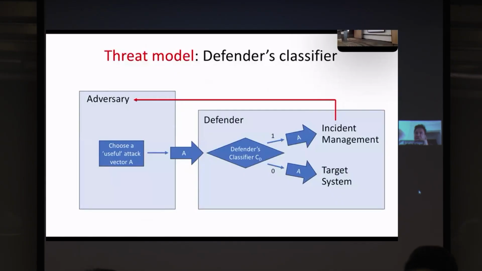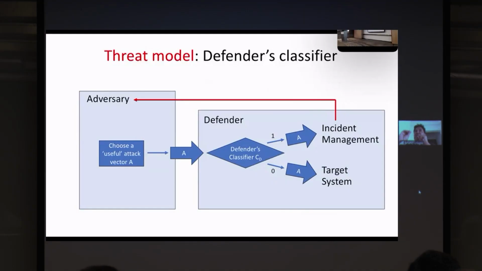Let me explain what the threat model is in this case. You have, as I said, a defender that wants to defend the system, so when you receive some traffic, you evaluate if it's normal traffic or an anomaly. And in many cases, you make the system available to third parties, subscribers, external parties, so the system can be used also by the adversary.